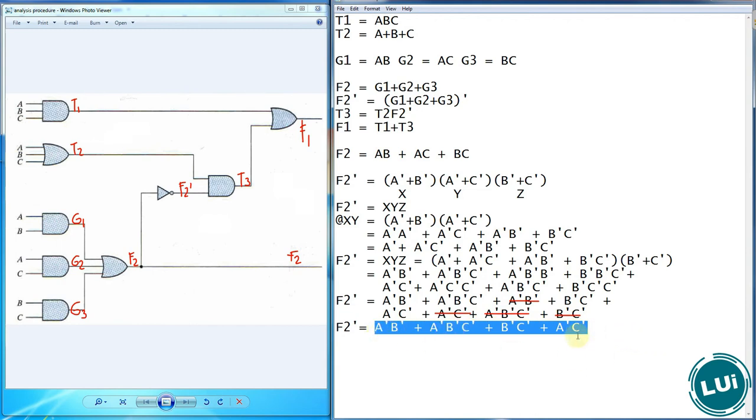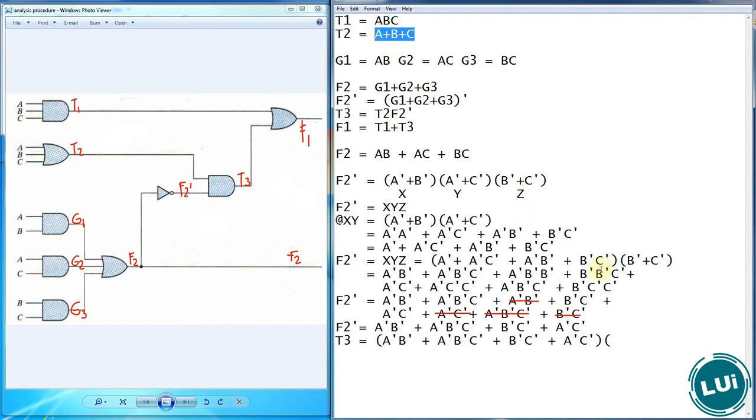So going back, T3 is F2 prime, which is this one, and T2. What is T2? That's A or B or C. So T3 is equal to this expression and this expression.